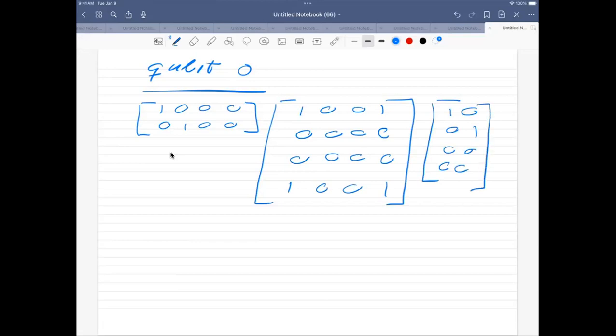And when I multiply this, we have a 2x4 matrix times a 4x4 times a 4x2. So that gives us a 2x2 matrix. And that gives us 1, 0, 0, 0. So that's what I've been tracing out. So I've been tracing out qubit 0 for subsystem A.